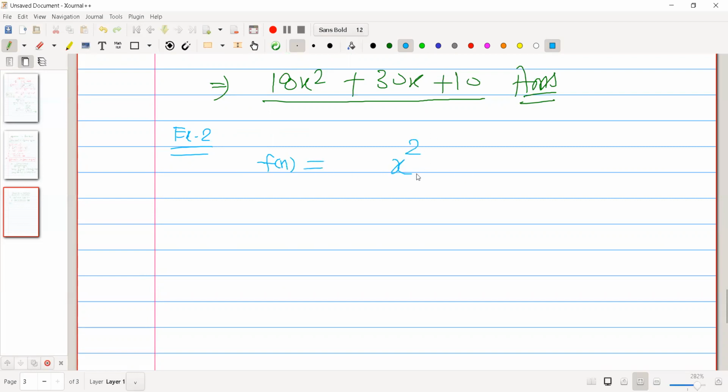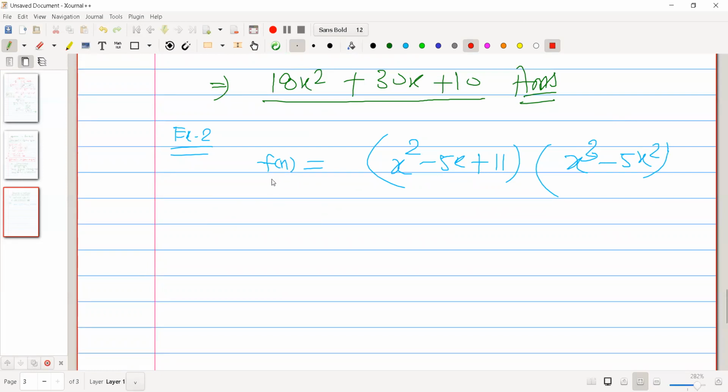You can also frame some questions like this and find out the answer. So let us see that.